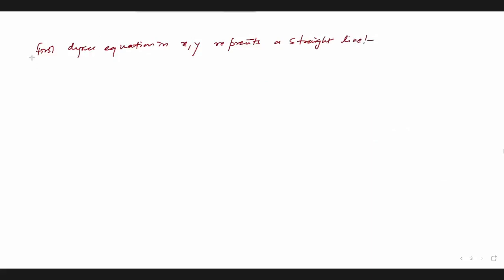We all know that a first degree equation in x and y represents a straight line. So this equation that I have written, ax plus by plus c equals 0, is the general equation of a straight line.